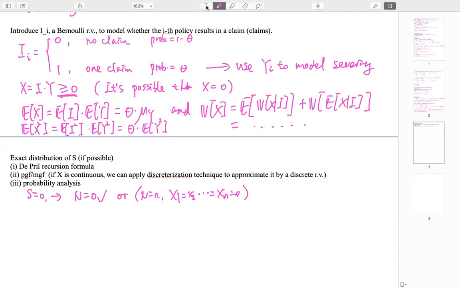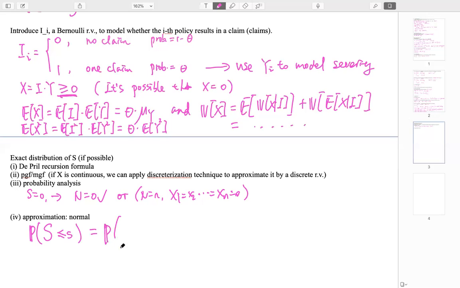We also learned a very important approximation technique, but this is only an approximation, okay? That is the normal approximation. So what you do is, let's say you want to know the probability that your aggregate is less than or equal to some value, small s.